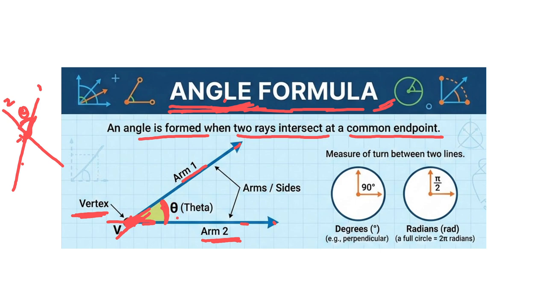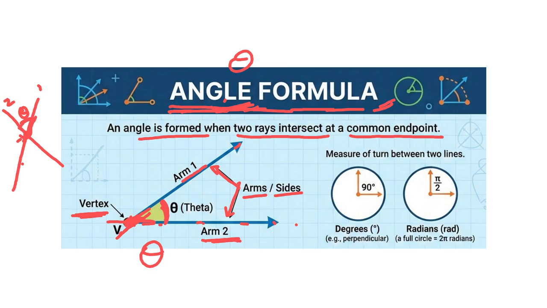The angle is represented by theta. So these are the arms, or the sides of the angle.